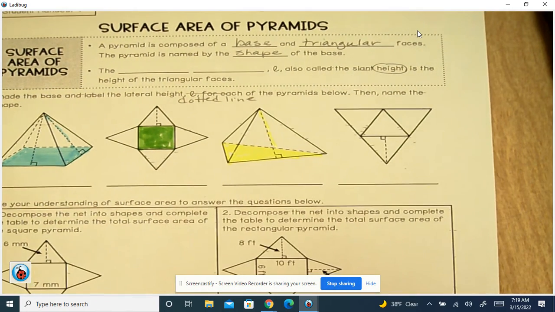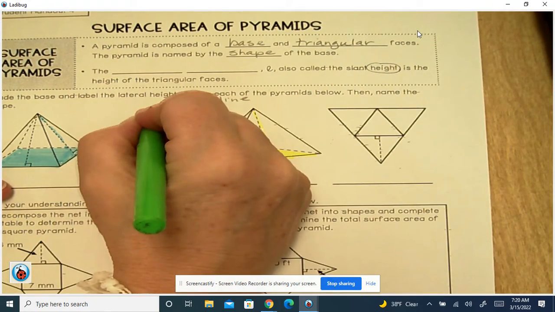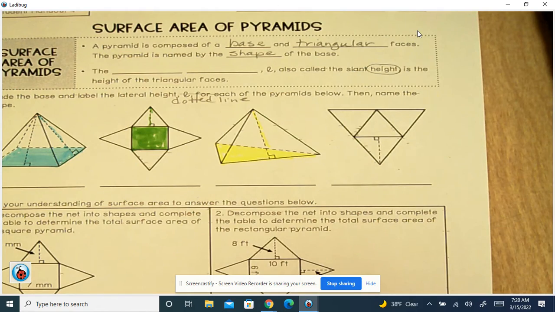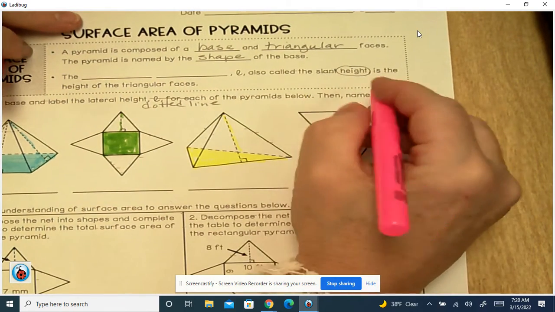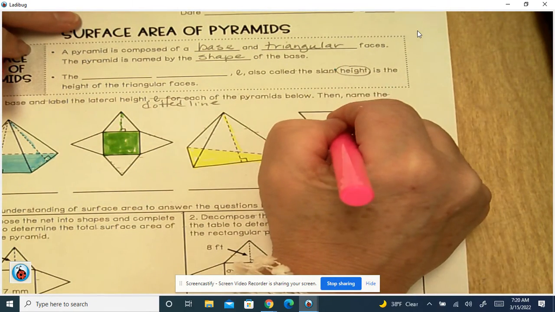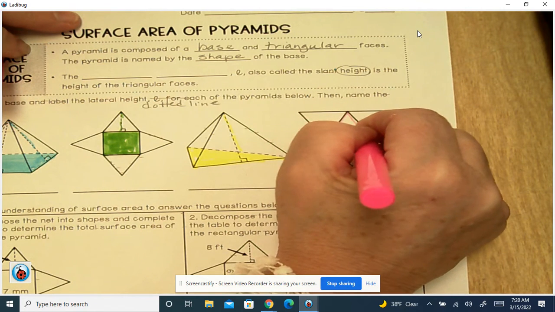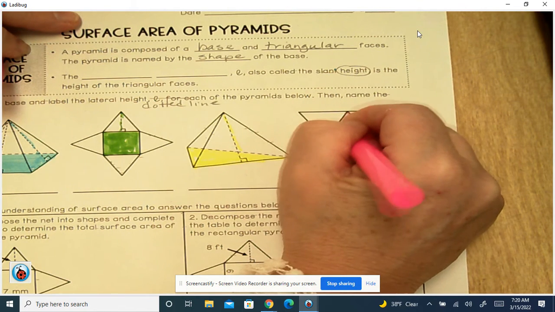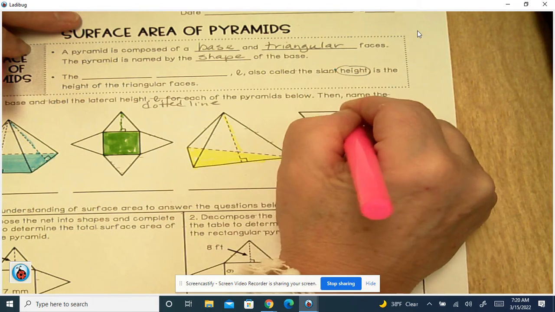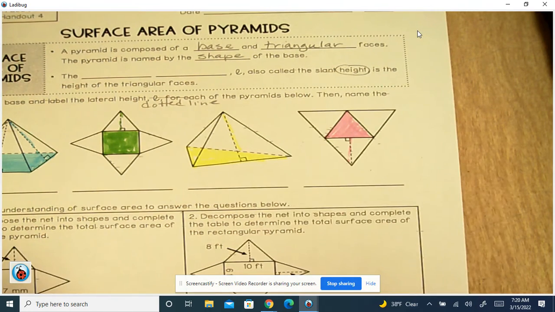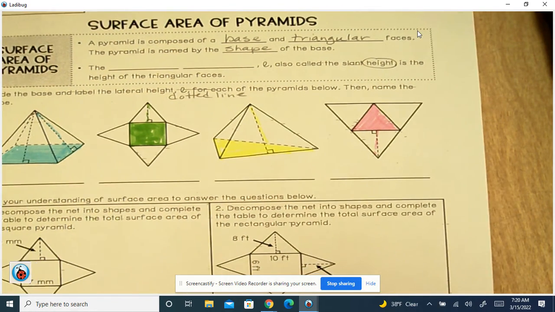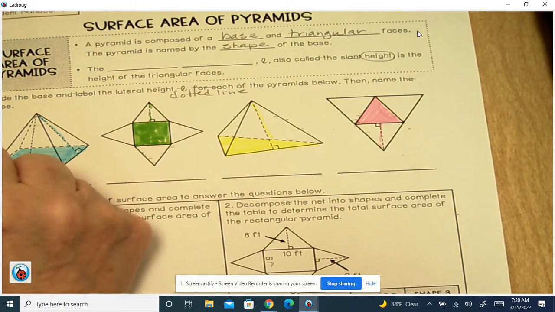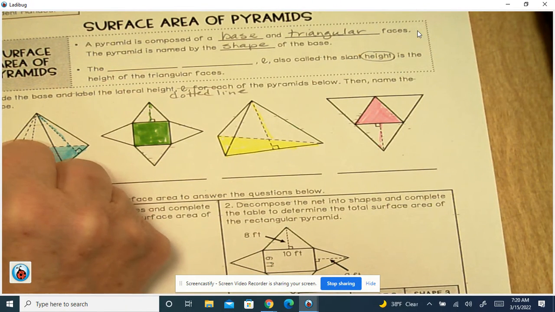Height. I can't put the height on this one. And the last one is another triangular pyramid. The slant height. Okay.